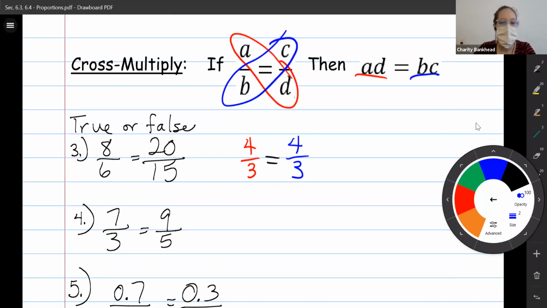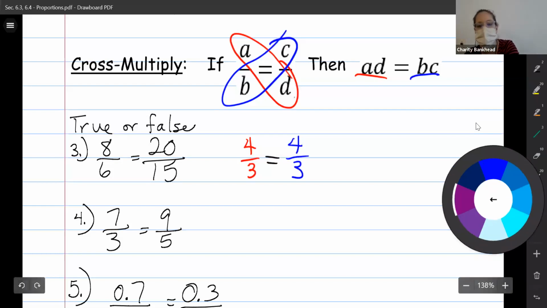They want you to check this by cross multiplying, like multiply 8 by 15 and multiply 6 by 20 and see if they're equal. But to me, it's a lot easier. I can just reduce both of those fractions, and then it's completely obvious. Either they're equal to each other or not. In this case, they are. So that's true. Obviously, 4/3 equals 4/3.